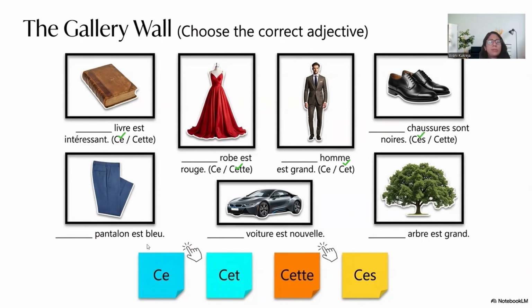Dash pantalon est bleu. Ce pantalon. Correct. Dash voiture est nouvelle. Cette voiture. Correct. And the last one, dash arbre est grand. Cet arbre. Very good. Excellent. Any confusion?